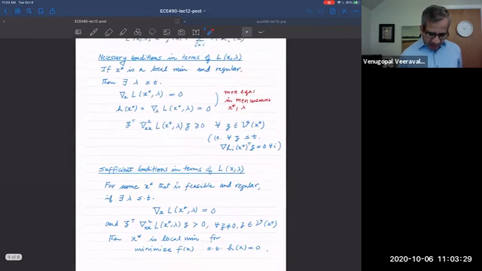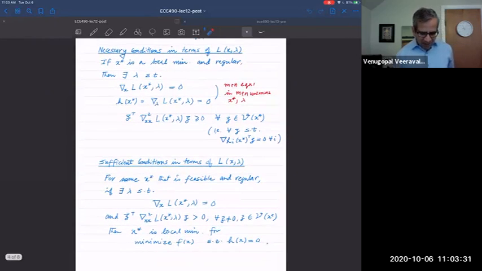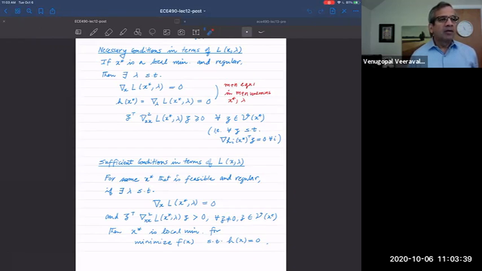Then we said you can go on to show second order sufficient conditions for a local minimum. They are similar: suppose x star is feasible and regular.